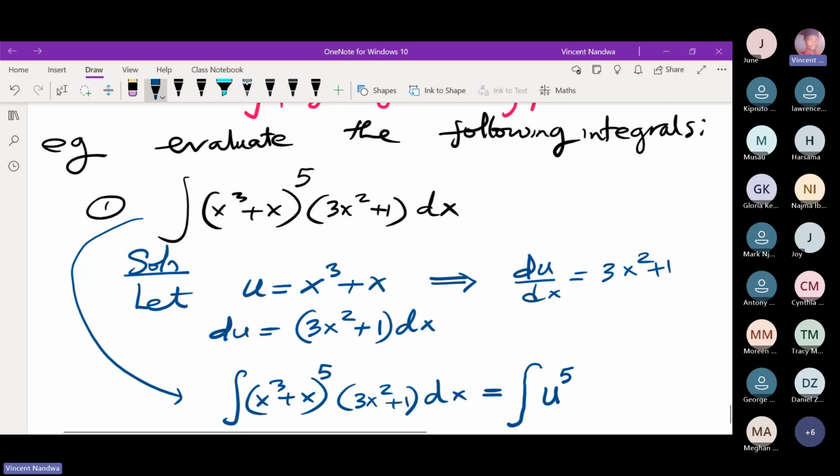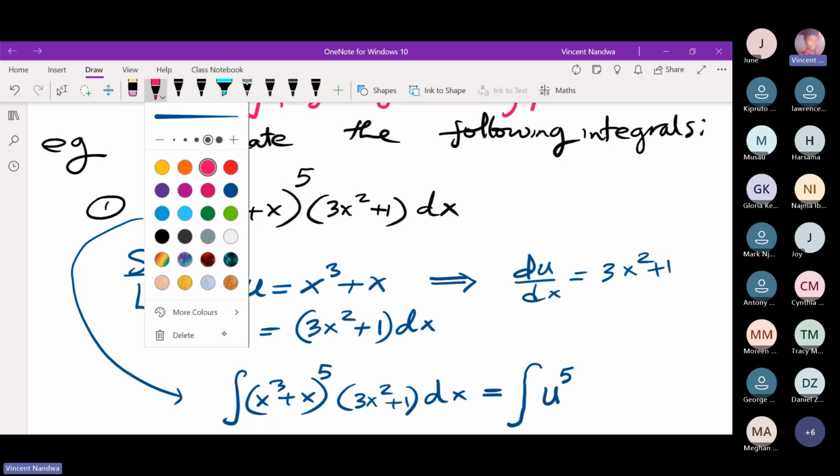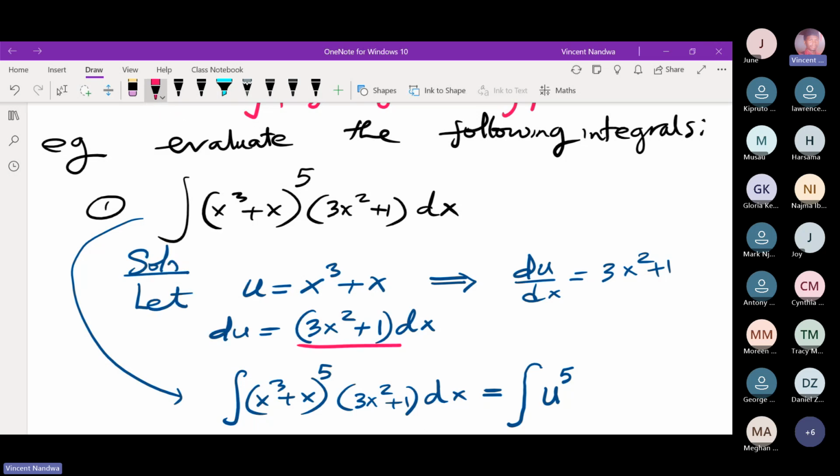And from here, you can clearly see that all this expression is equivalent to du. So then you replace all this by du. By doing that, we have successfully transformed the original integral in terms of this new variable u.